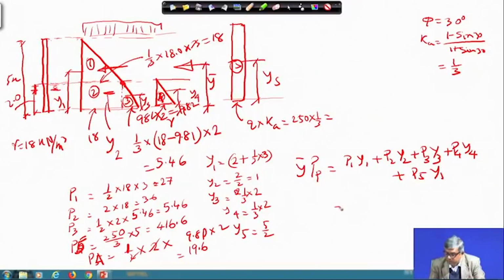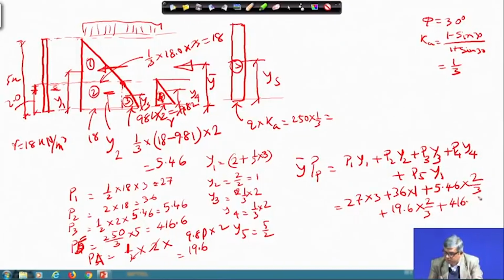If I do that, then P1 is 27 and y1 is 3, plus P2 is 36 and y2 equal to 1, plus P3 equal to 5.46 multiplied by 2 by 3, plus P4 is 19.6 multiplied by 2 by 3, plus P5 is 416.6 multiplied by 5 by 2.